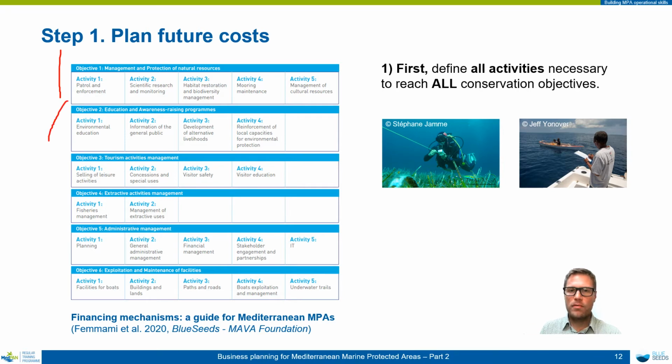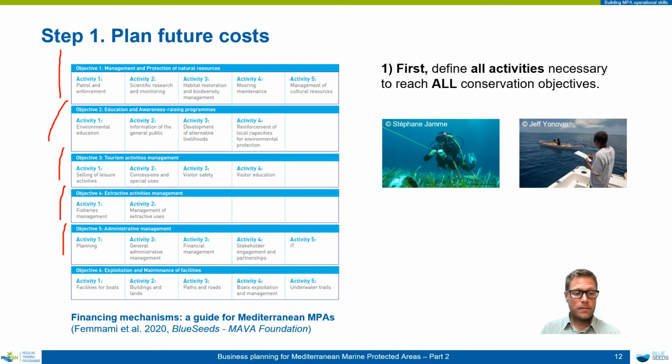Another big group of activities is education and awareness raising programs, which include different types of activities like education or information of the general public, or even the development of livelihoods. Another group is tourism activities management, for example, concessions and special uses, visitor safety, or visitor education. Extractive activities management can be a very important activity, including fisheries management or other extractive uses.